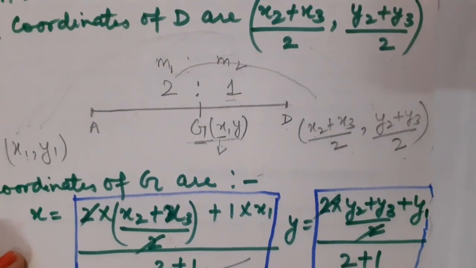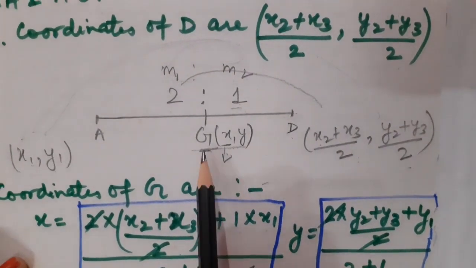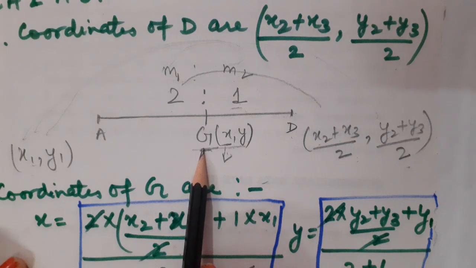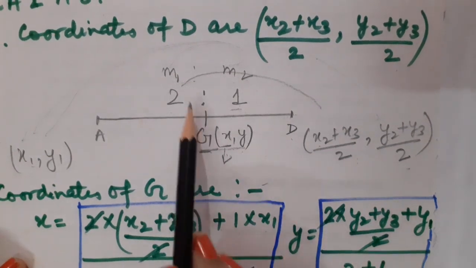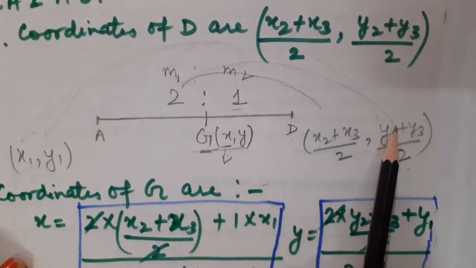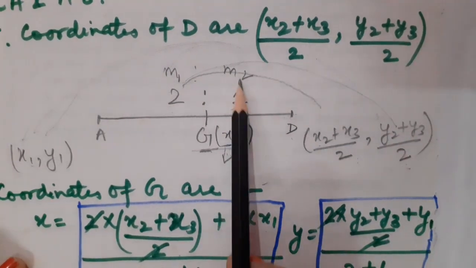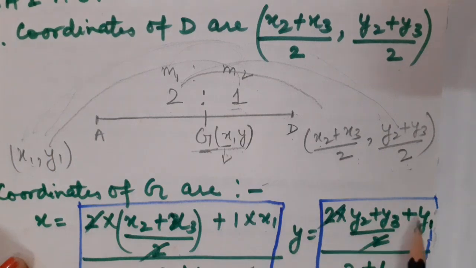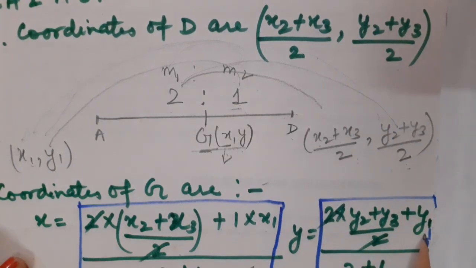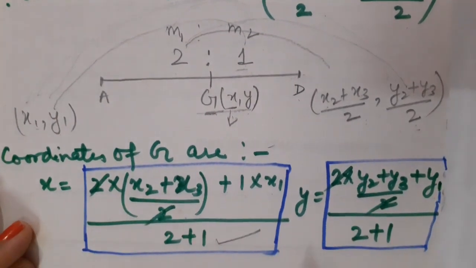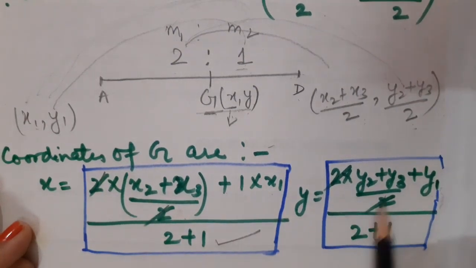Now let us talk about the ordinate of this point of division, which is the centroid. y is equal to 2 into (y2 plus y3) divided by 2, plus 1 into y1, that is y1 only, upon the sum of the ratio, that is 3. This 2 and 2 are going to cancel here, and here also.